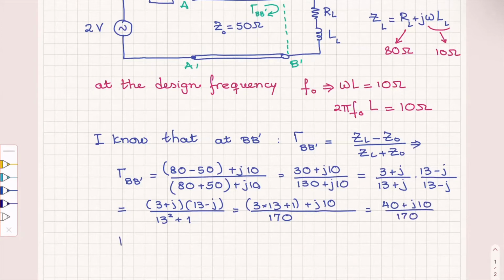And that gives us 40 divided by 170, which is 0.235, plus J, and 10 divided by 170, about 0.059.